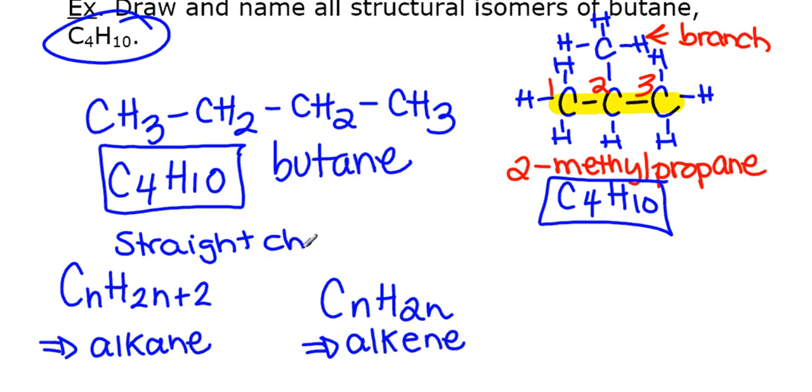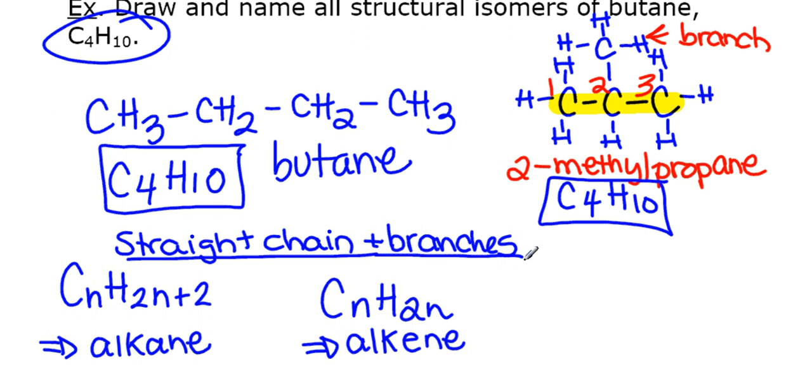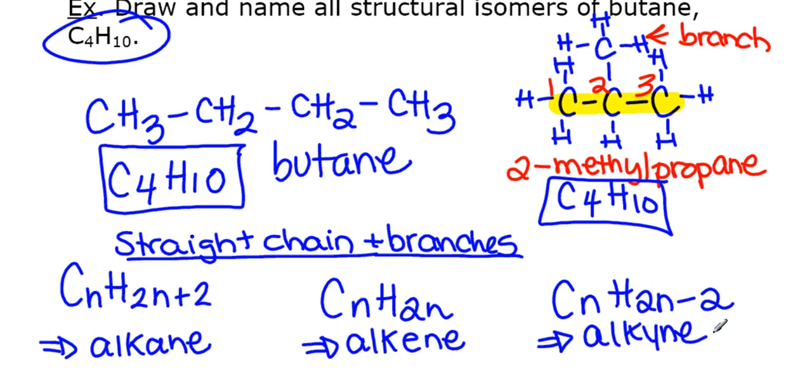Straight chain, or even some with some branches, but not mixed groups. Then we've got CnH2n, but this time minus 2. If you see a molecular formula with that pattern, it means you're probably dealing with an alkyne. So it's not a hard rule, but this is a helpful trick if you're doing some isomer work.